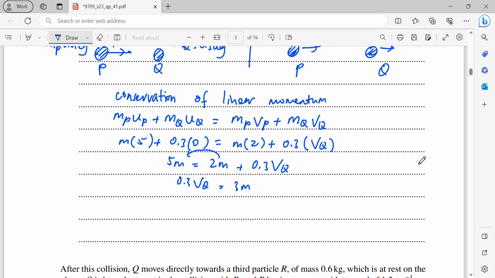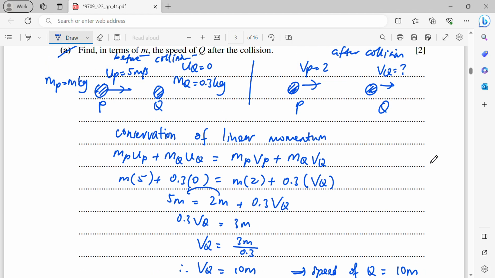So hence, your vq is 3m divided by 0.3, which is 10m. Alright, this is our vq, which means the speed of Q equals 10m. So this is the full solution of part A.